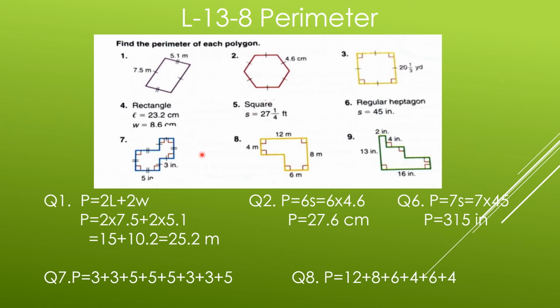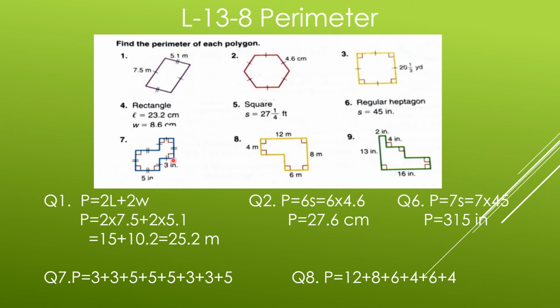Then in the question number 7 and 8, you can see these type of figure are called the irregular figure. In the irregular figure, always remember you can add all the sides like that. There is no particular formula for this one, only just add all the sides. In this figure, two dimensions are given. One is indicated with the single line and one with the double line. You can see the single is 3 inches and double is 5.